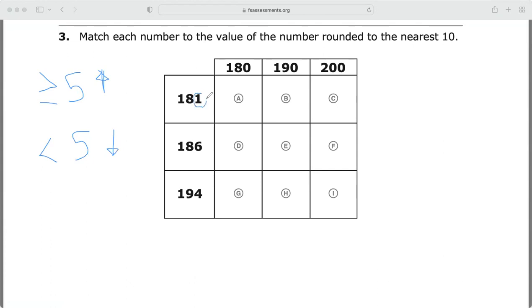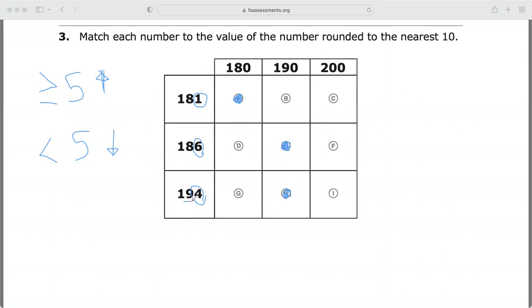The 1 is less than 5, so that's going to round down to 180. Here we have 186. The 6 is greater than 5, so we're going to round that up to 190. And 194, 4 is less than 5, so we're going to round that down to 190.